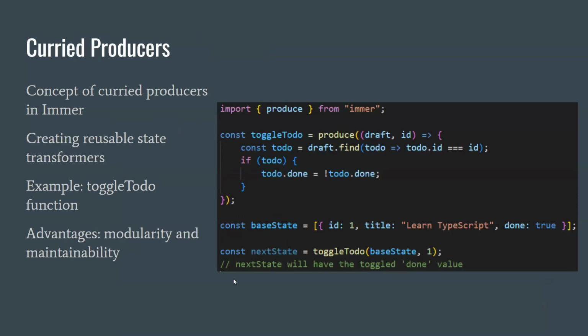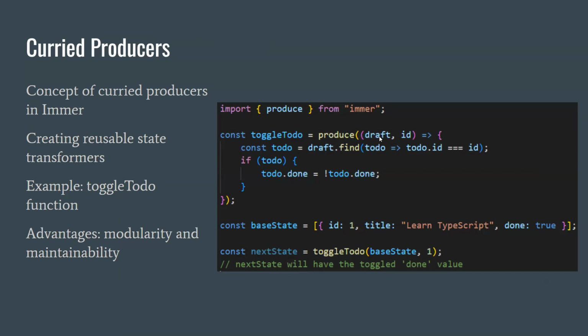Curried producers. Immer also introduces a concept called curried producers, which can further simplify working with state. You can pass only the recipe function to produce.